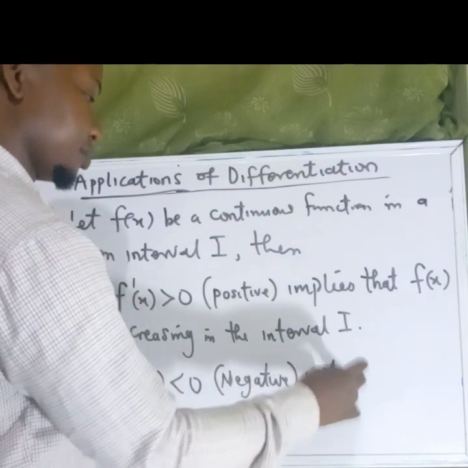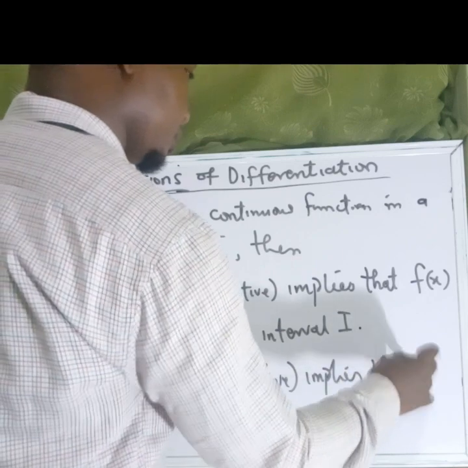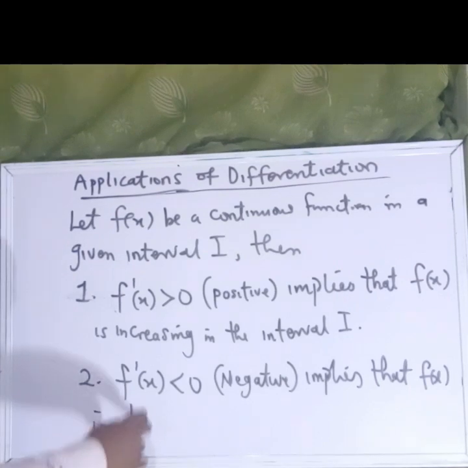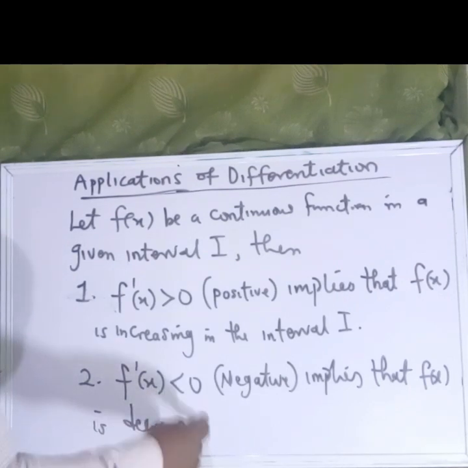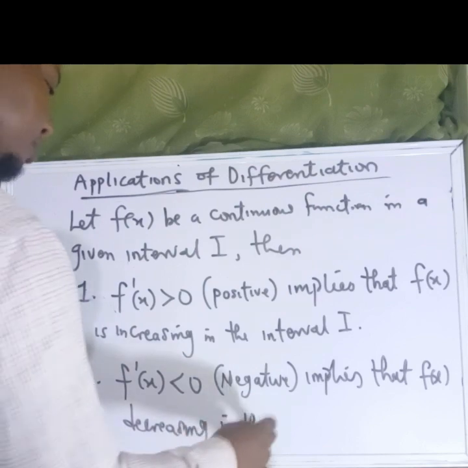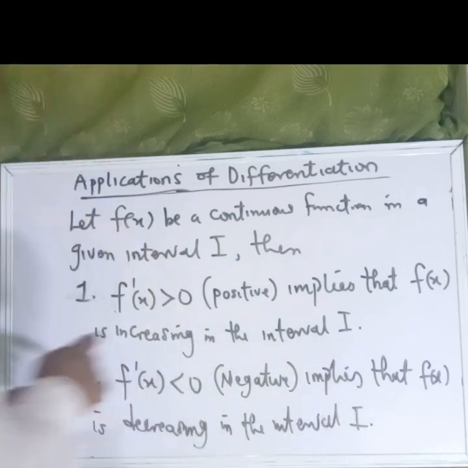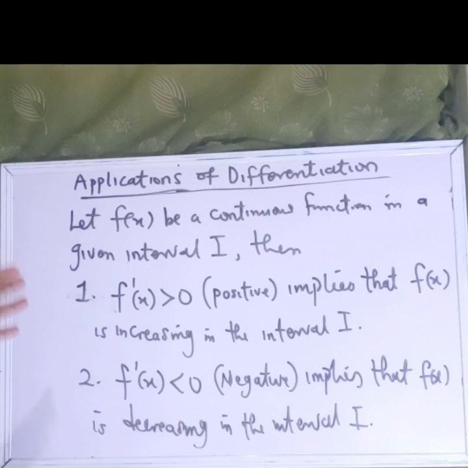This implies that f of x is decreasing in the interval I. So these are two things we have stated there, deduced from the earlier concept we described using the graph. And this is how to determine the behavior of a curve when it is increasing or decreasing.